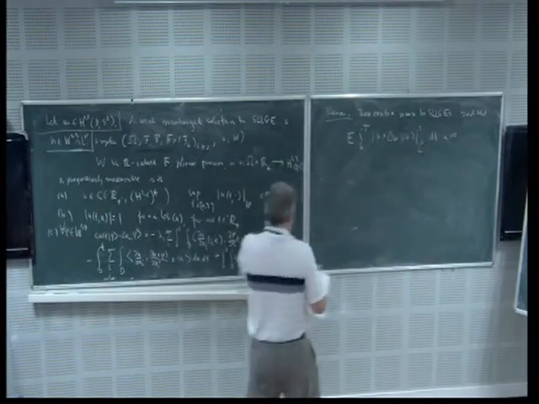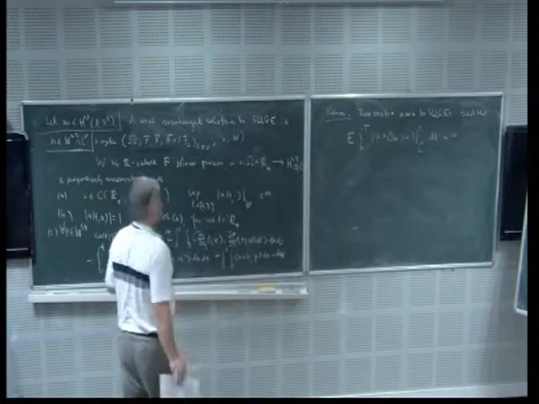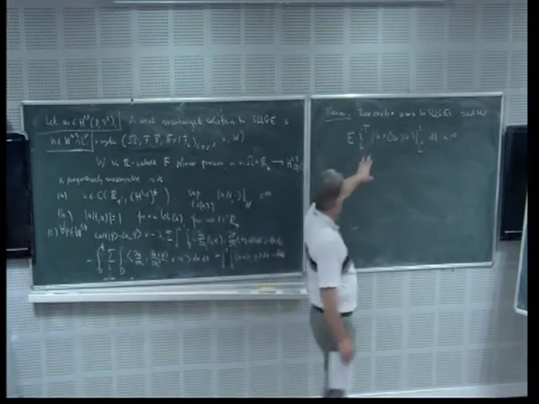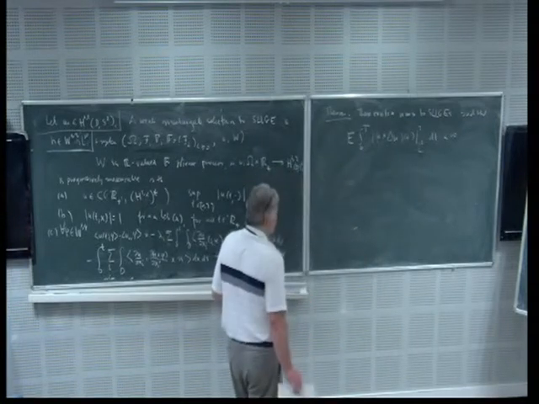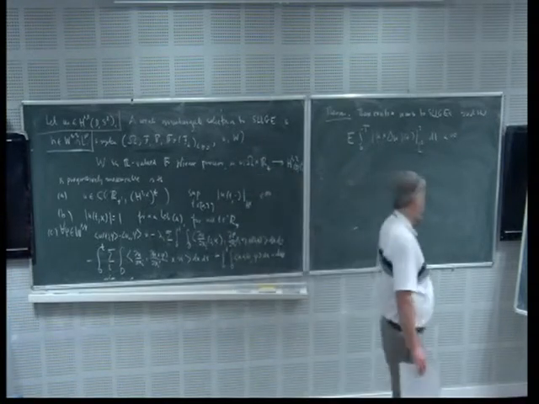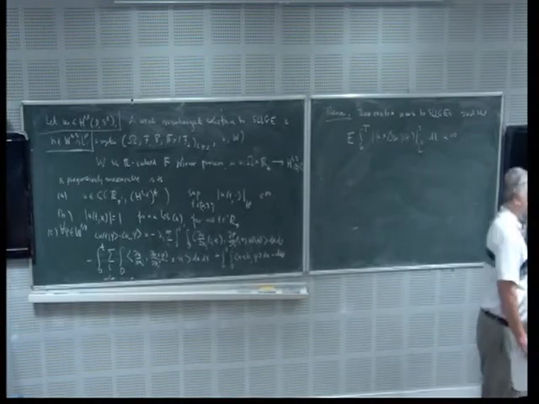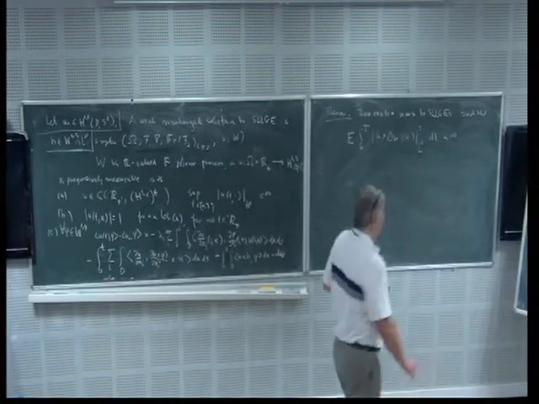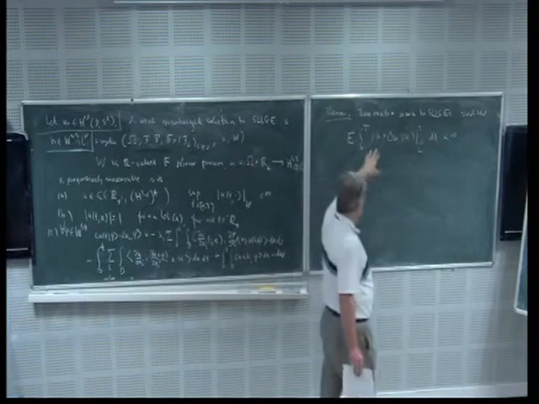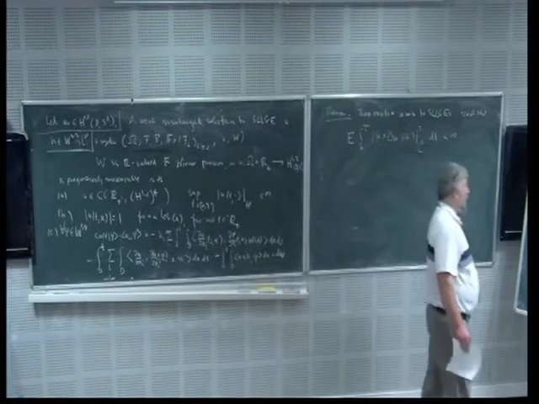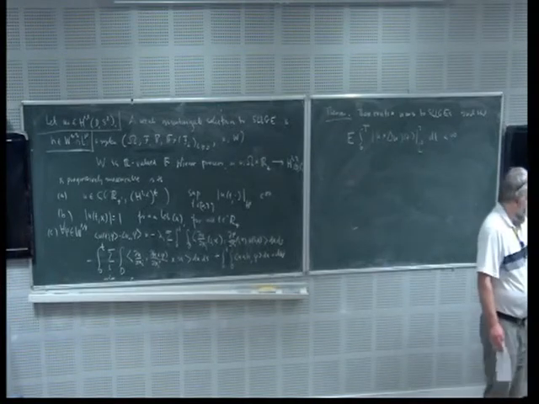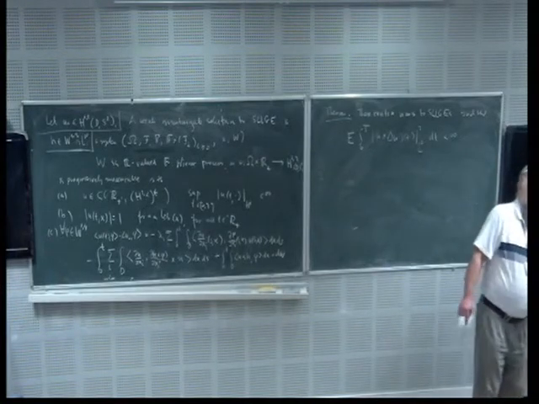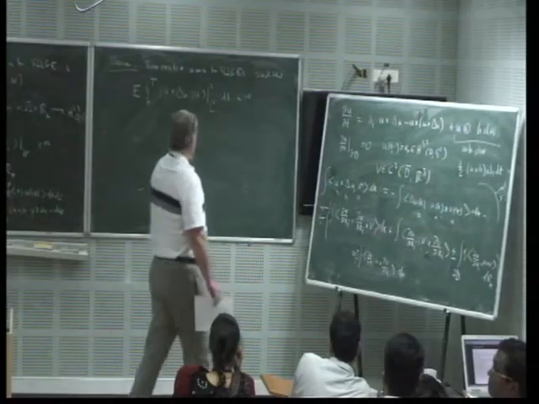We need to explain what we mean by this u cross Laplacian u. By u cross Laplacian u we actually mean a process which takes values in L2 space such that this integration by parts formula holds.